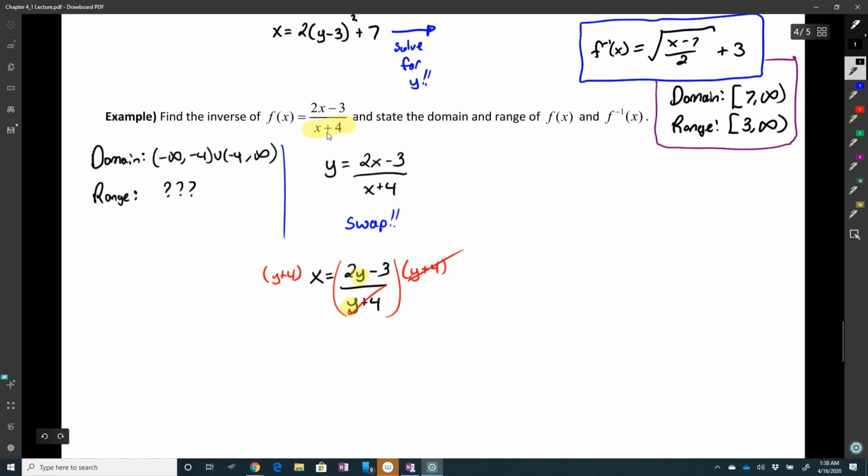All right, now I'm going to go ahead and distribute. xy plus 4x is equal to 2y minus 3. But the mistake I see is that people will solve for a y. They'll get this y and say, oh, I just add 3 or divide by 2. Or they'll get this one and say, oh, I just minus 4x and divide by x. But you can't do that. You have to get all the y's on the same side.